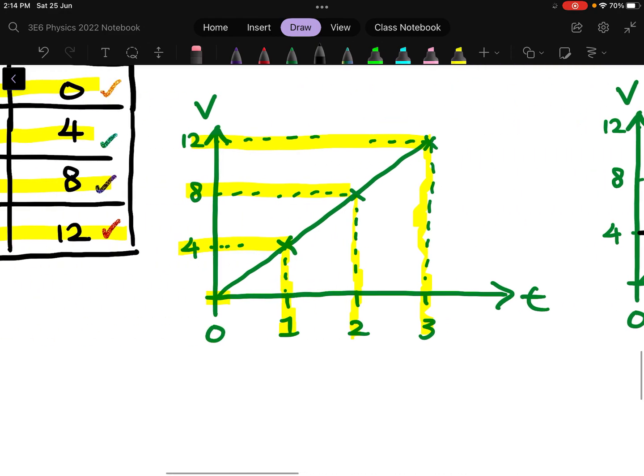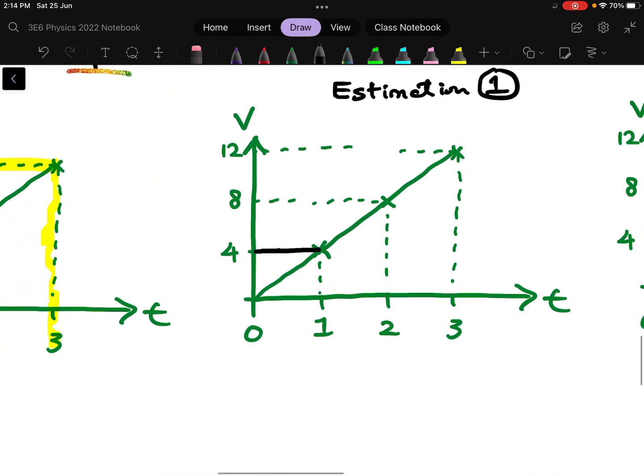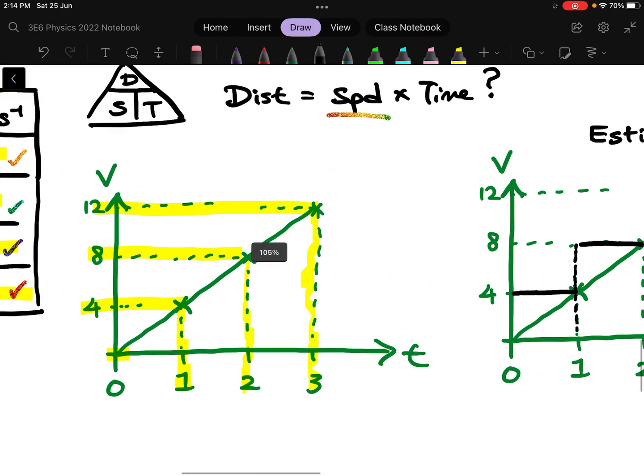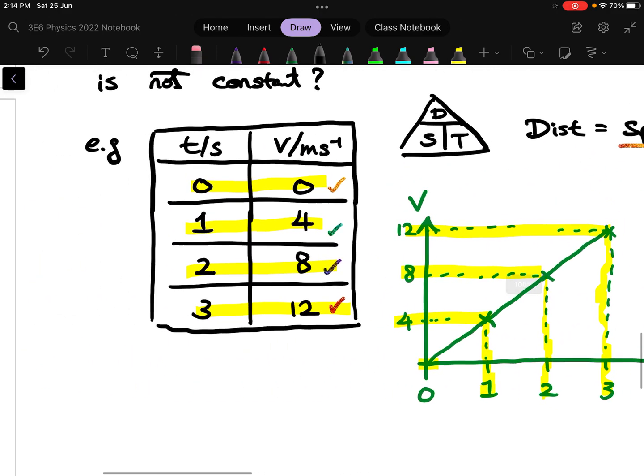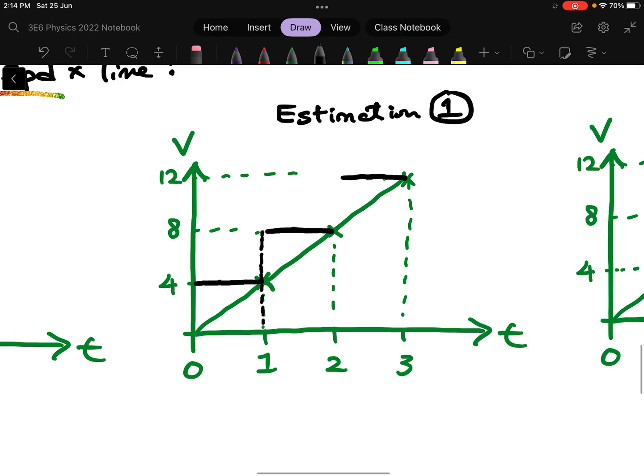Then when the object moves to t equals 2, I assume that the speed is constant between 1 and 2. So it goes like that. Then after that, when the time reaches 3, I assume that my speed is like this. So what I have here is an estimation of another VT graph like that.